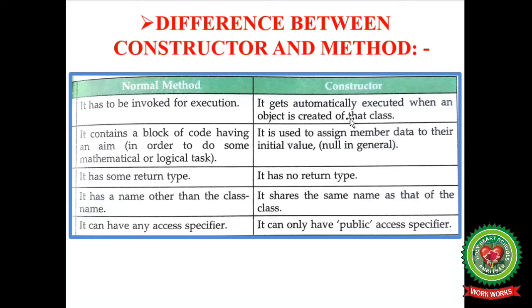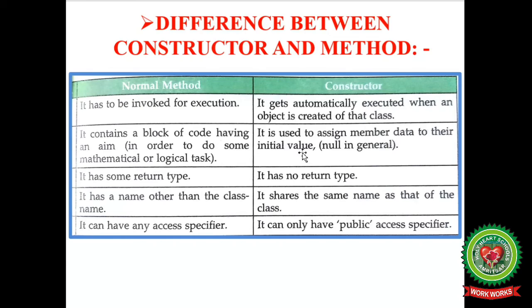Number 2, normal method contains a block of code having an aim, means it is used to do some logical or mathematical task. Whereas constructor, it is used to assign member data their initial values.